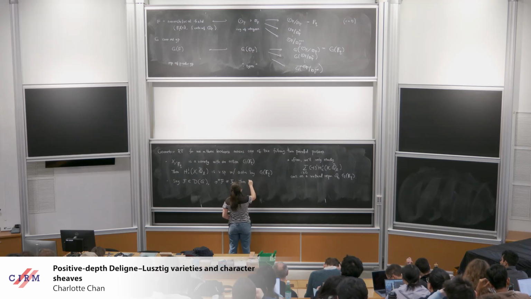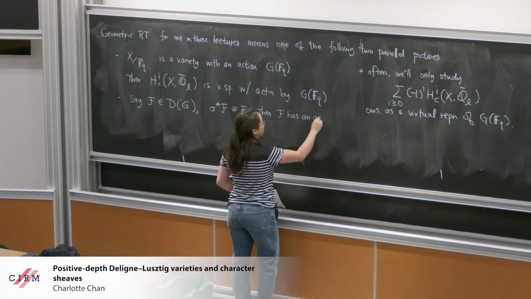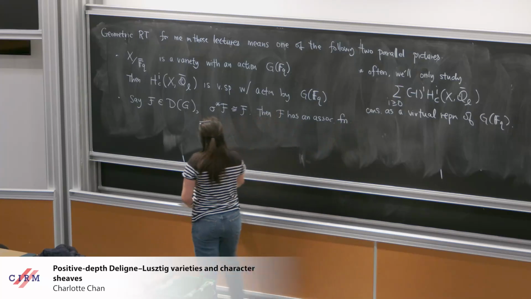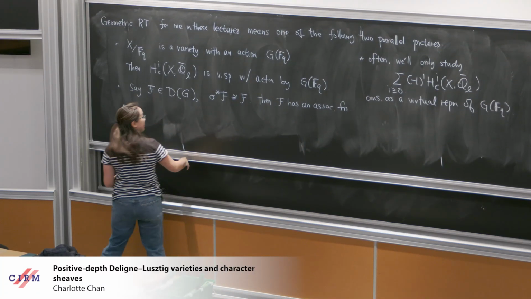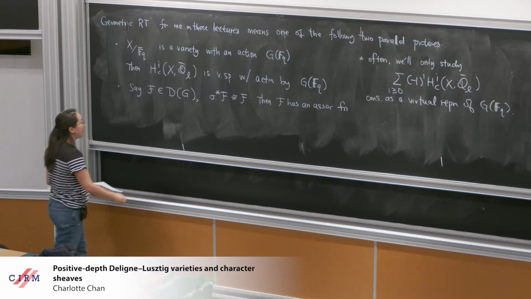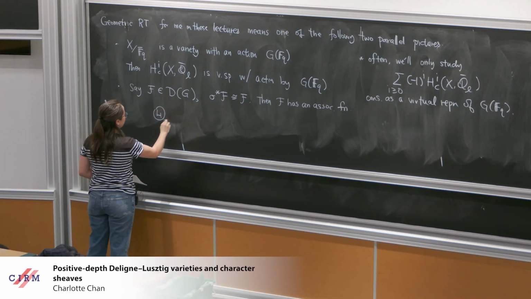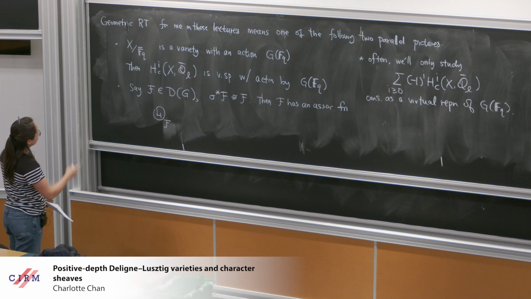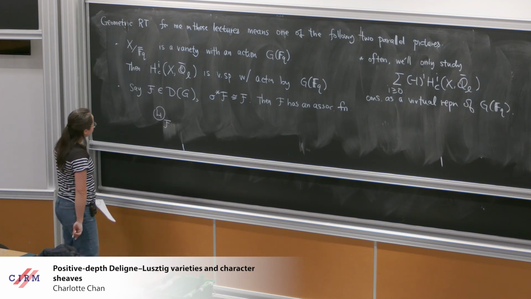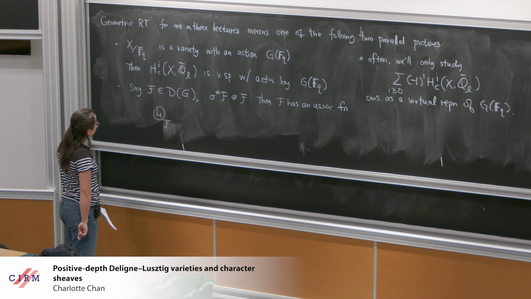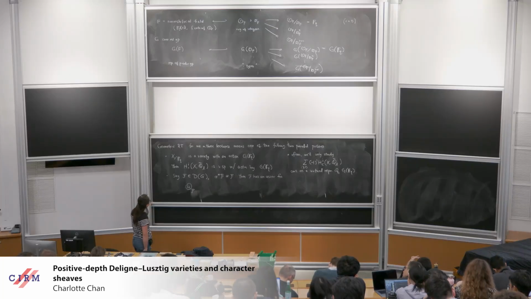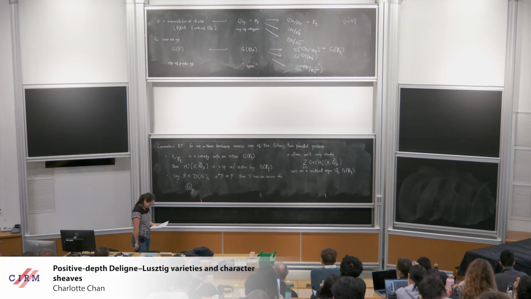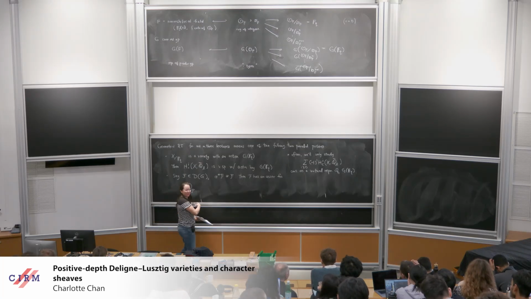Then F has an associated function. And I didn't write this in the notes, but maybe I will give this function a name. Maybe I'll write, this is a big theta. Yeah, well, the choice is big theta or chi. Do you have a preference? Okay, is this okay?